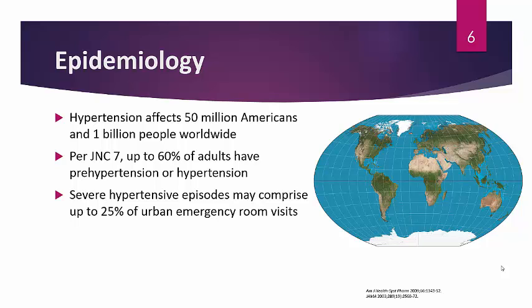Severe hypertensive episodes comprise up to 25% of urban emergency room visits. So as a result of this, a lot of traction is seen with patients presenting with hypertension to emergency rooms. And as a result, this contributes to morbidity as well as mortality in addition to cost.